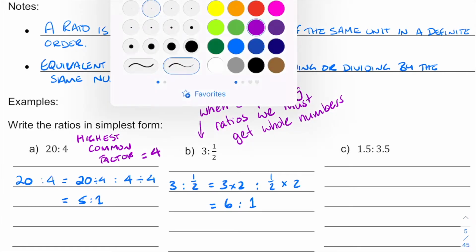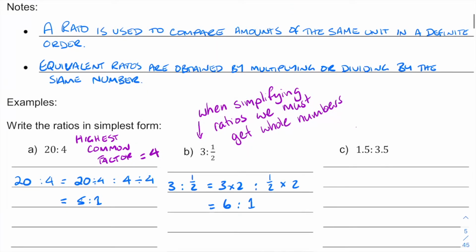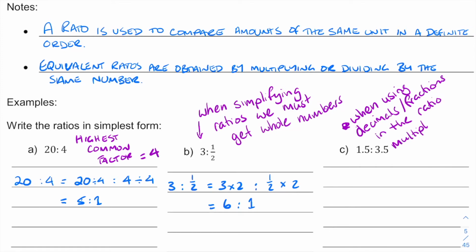Okay, so one more little note. Alright, so if we're using decimals or fractions in the ratio, multiply to get the simplest form.